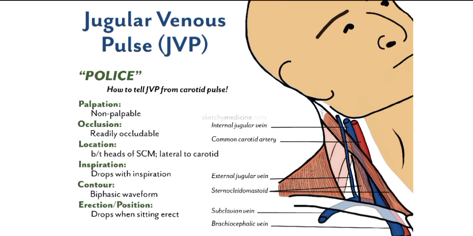And when the pressure reduces in the right atrium, during atrial diastole, another wave is going to be sent through this same vein. So jugular venous pulse is simply the pressure change in the atria, seen as a pulsation in the internal jugular vein.